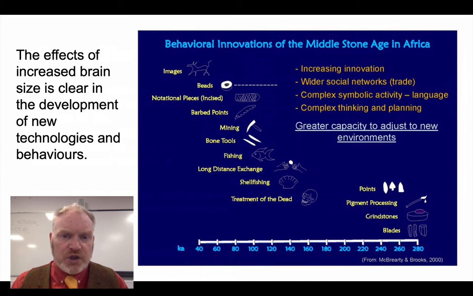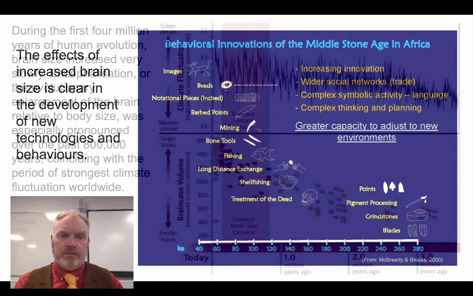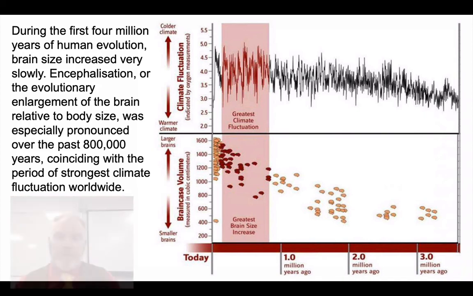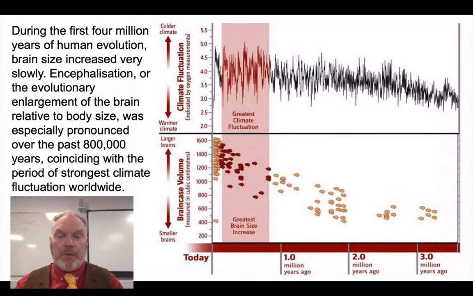And the rate of that change just increased over time. We see brain size increasing slowly up to maybe about 1 million years ago. Following that, though, and interestingly correlating with the period of greatest climatic fluctuation, we see a rapid increase in the proportion of our body that's occupied by the brain.